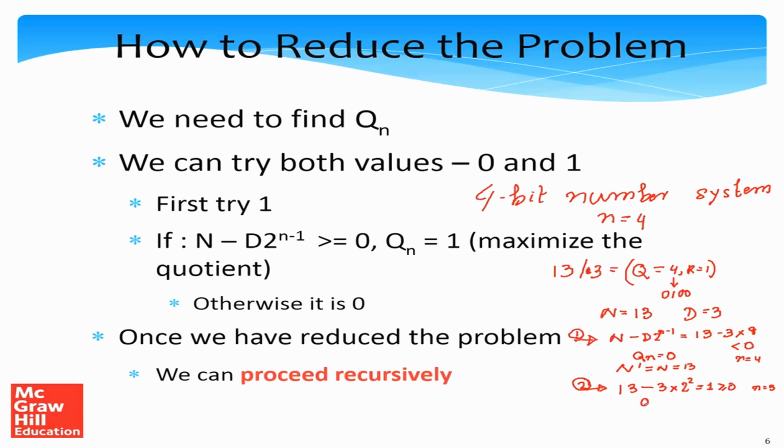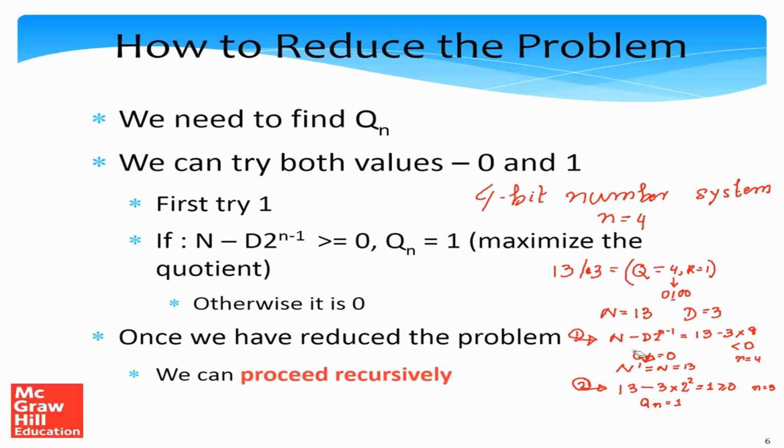As a result, we set this quotient bit to 1. This is not Qn, but Qn minus 1, so let's call them Q4 and Q3. That's slightly easier: the fourth bit of the quotient and the third bit of the quotient.